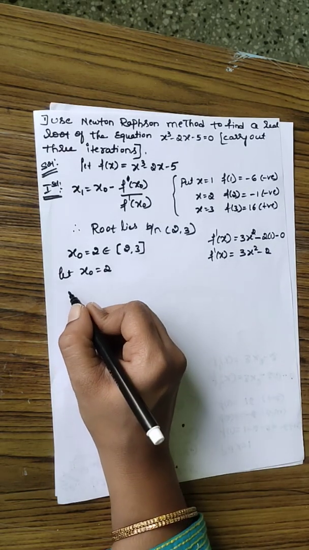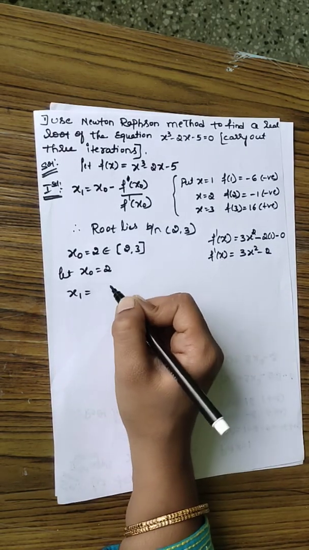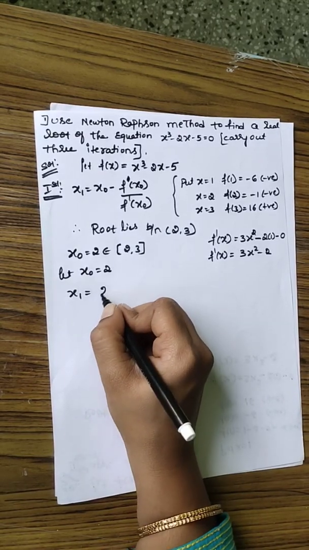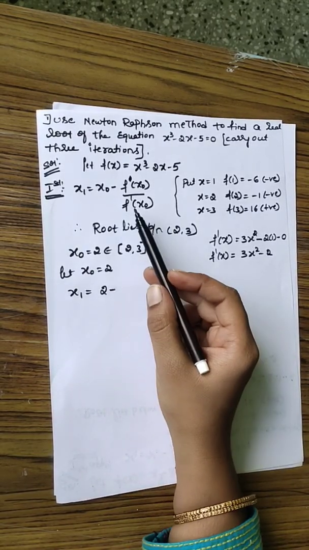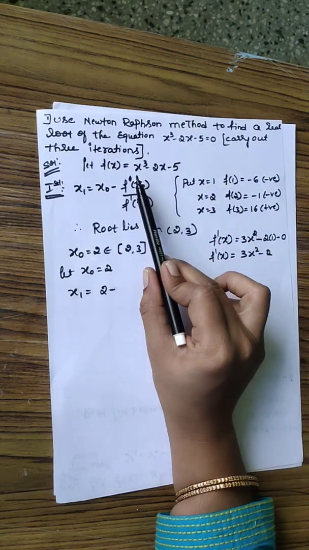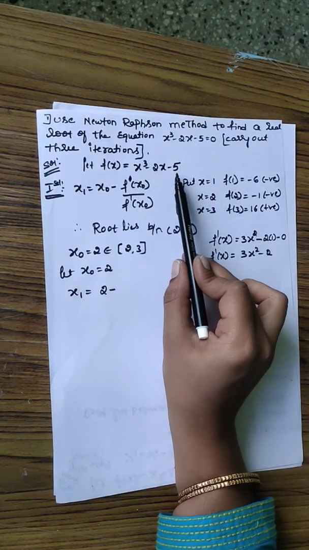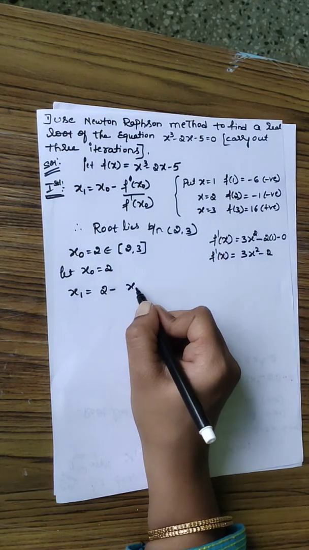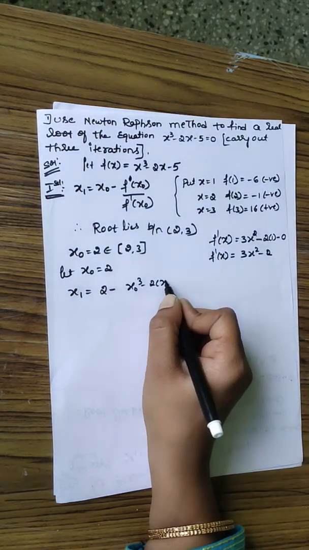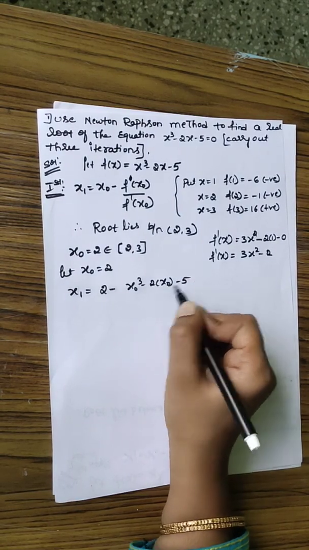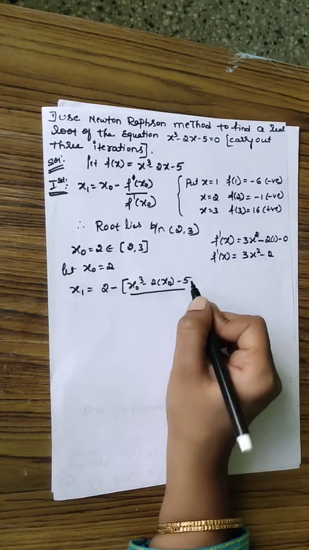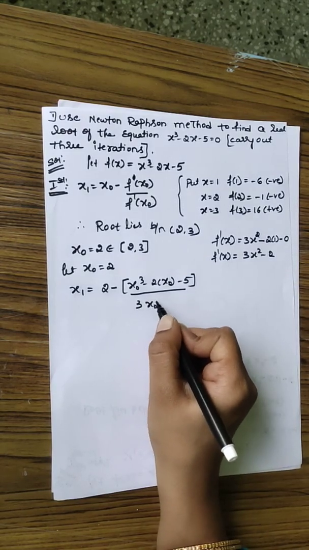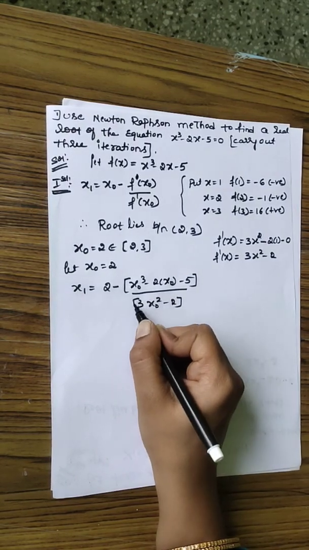So for the first approximation, x1 equal to, substitute the value of x naught here: x naught value 2 minus f of x naught, meaning the given function x cube minus 2x minus 5. In place of x, put x naught. So x naught cube minus 2 into x naught minus 5, whole divided by f dash of x naught, the derivative, 3 into x naught square minus 2.